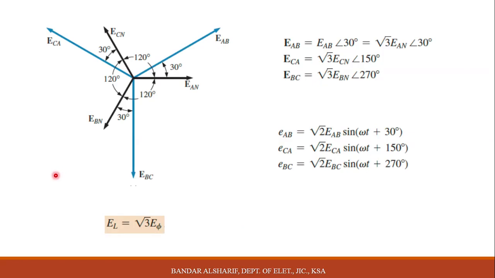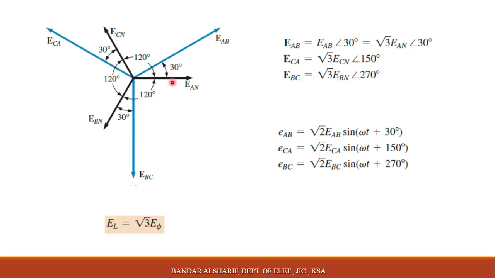Now, since we know that there is a difference between voltage phase and voltage line, this is the voltage phase and this is the voltage line. As we said, EAB, ECA, EBC. Okay, we know that the black one is the phase voltage. Between each phase and phase there is 120 degrees.